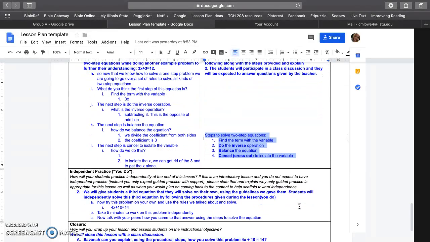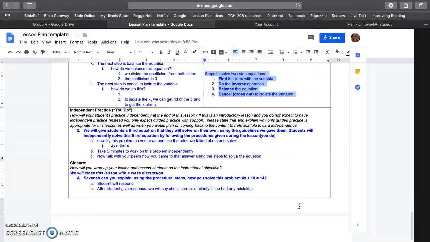And then the you do part, we have the equation 4x plus 10 equals 14. Here we're going to have the students work on this by themselves for a few minutes and then come back as a class and have them talk to their peers and discuss what steps they took to get to their answer and what their answer is.